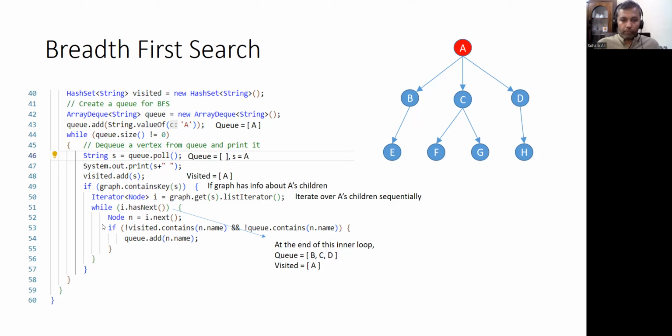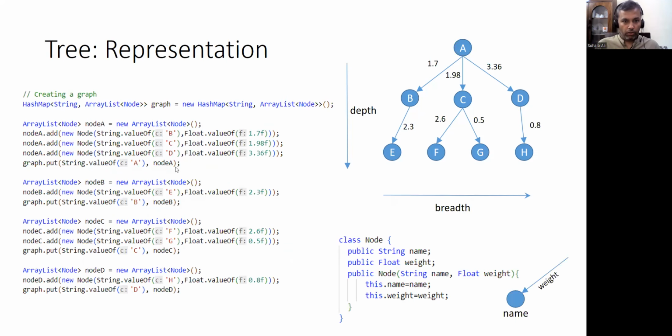But first I'm going to see whether or not my input graph has any information about A's children, which in this case we have already defined.